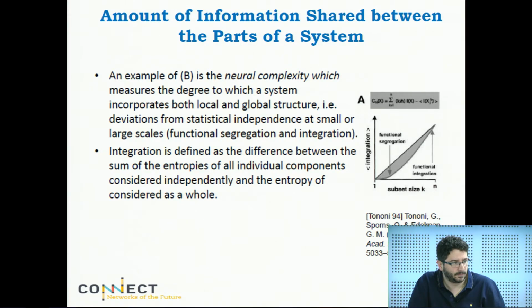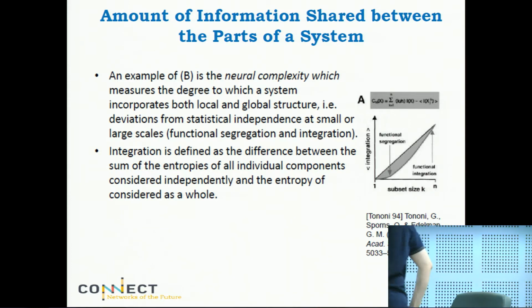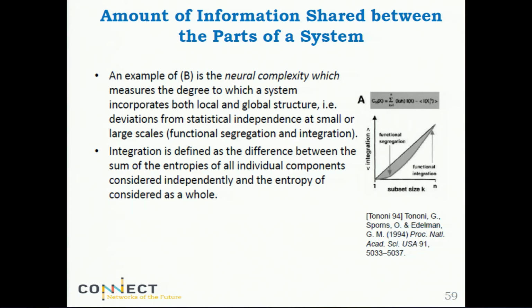You see this expression is very small, but what they do essentially is compute the neural complexity of a certain network. They sum from 1 to n, the number of nodes, and this is what you actually measure. This is the average integration for a network with up to k nodes.